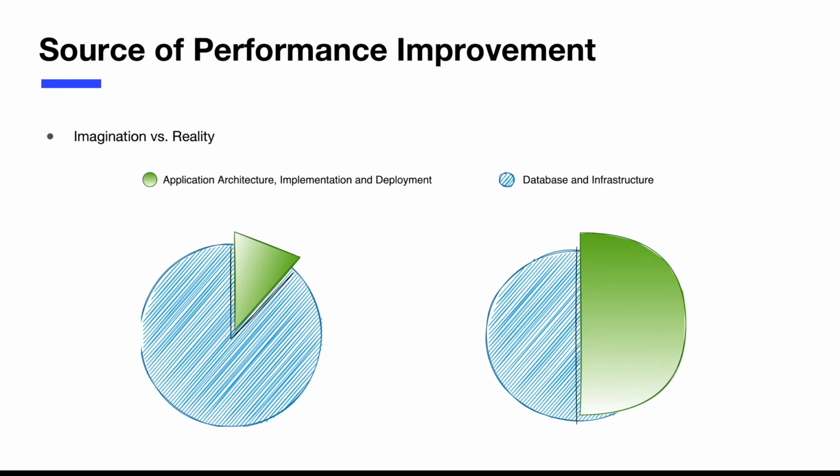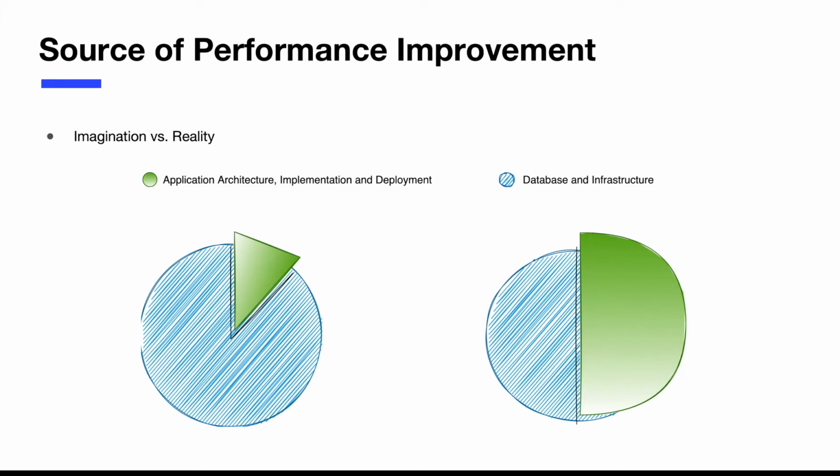What does that mean? Before we did all the analysis, when people talked about performance tuning of a database, they might imagine that a lot of effort should be spent on database or infrastructure tuning, like this part in blue, right?